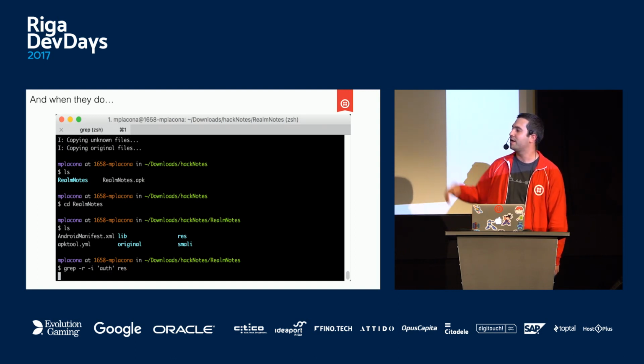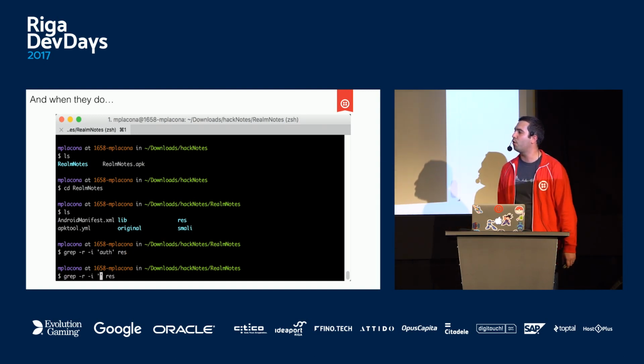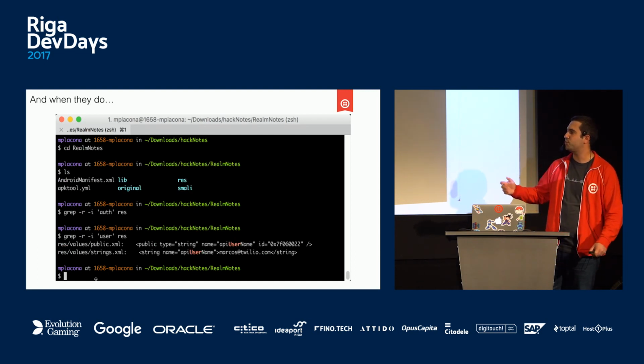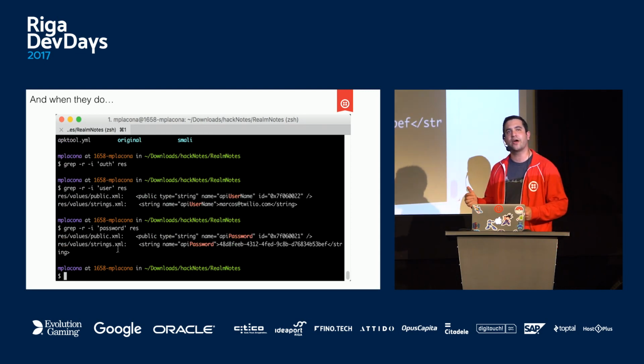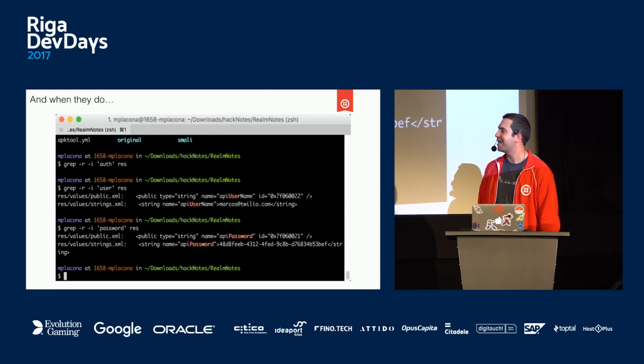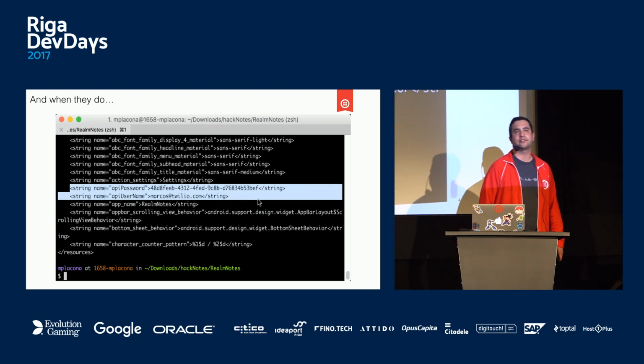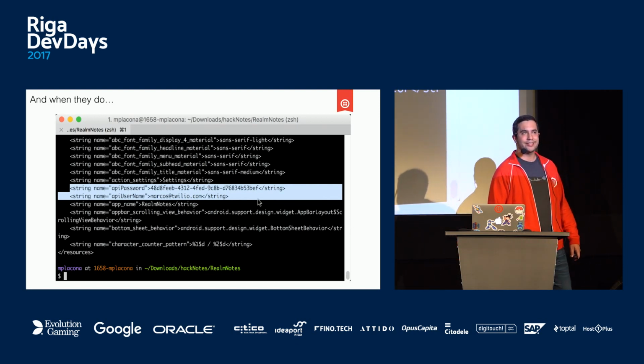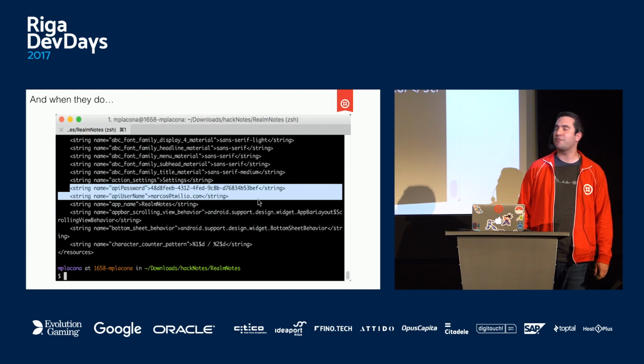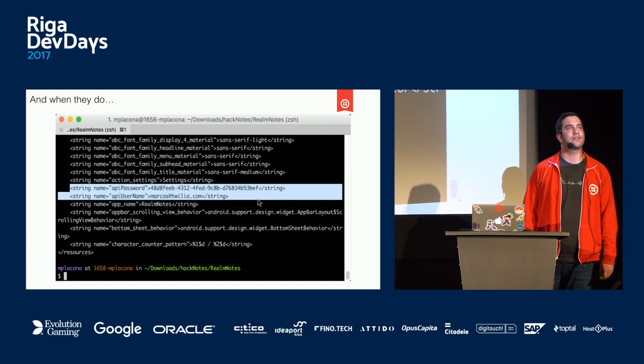And what I'm doing here, I'm looking for stuff like oauth, user, passwords. I'm looking for all these things that I think might be inside this application. And sure enough, when I do that, I find that yes, there's an API password and there is a username inside this application.